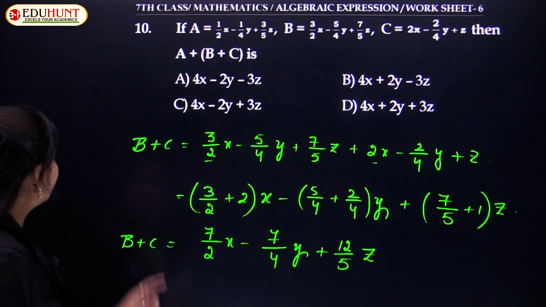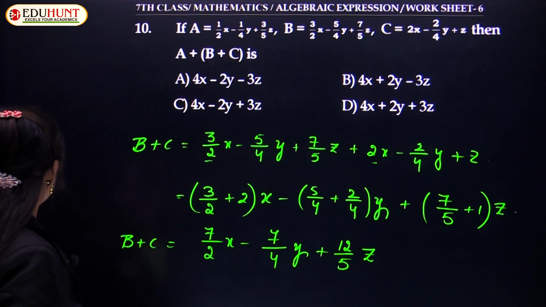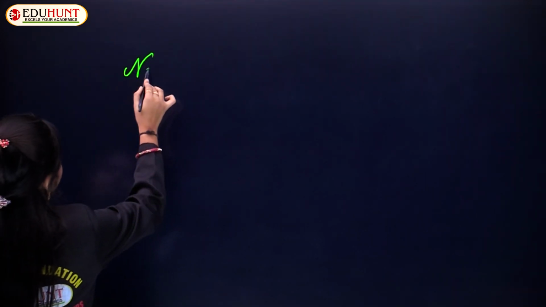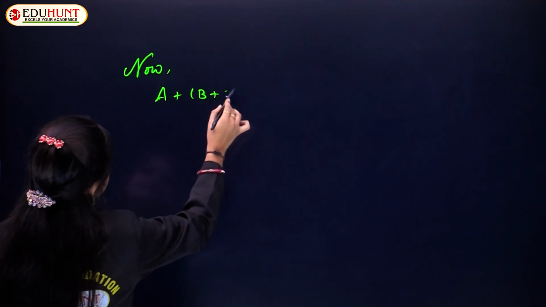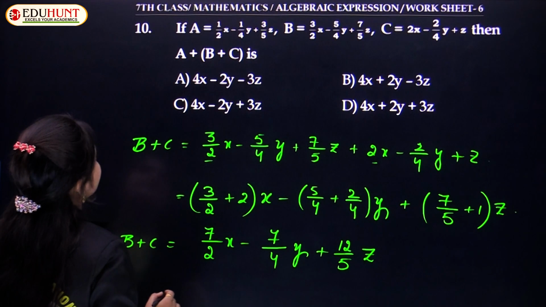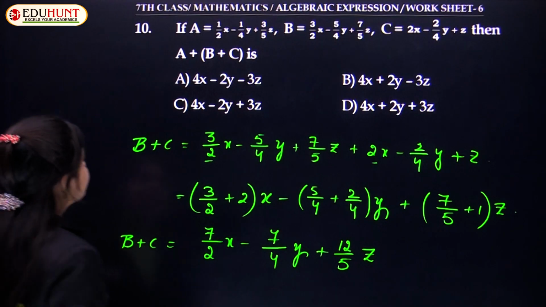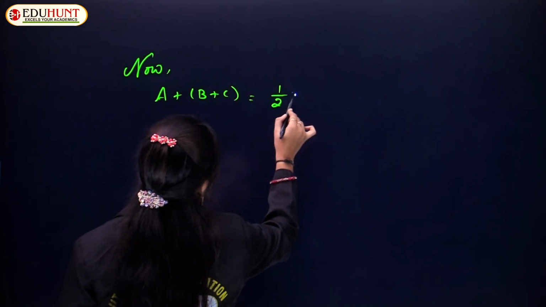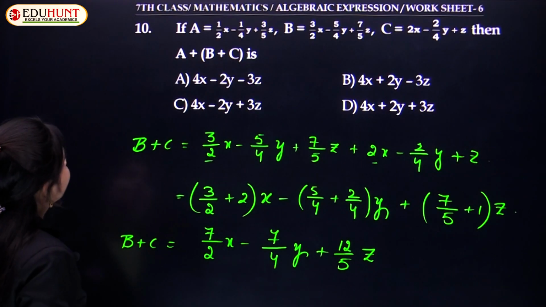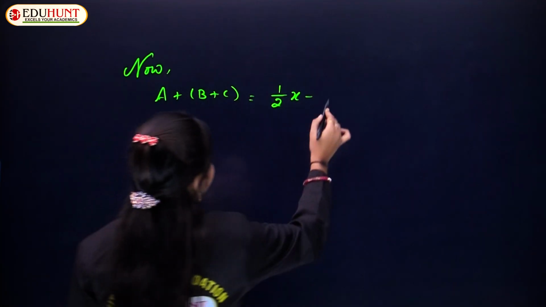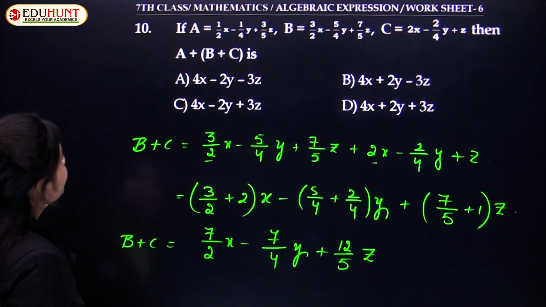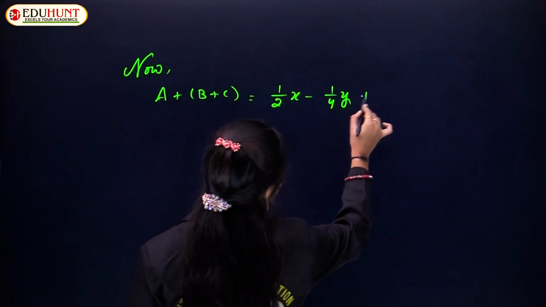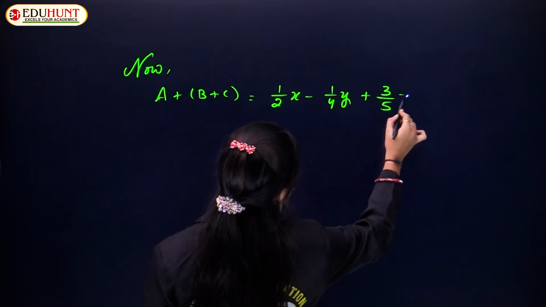Now simplify a plus b plus c, that is, a plus of b plus c. What is the value of A? 1 by 2 x minus 1 by 4 y plus 3 by 5 z.